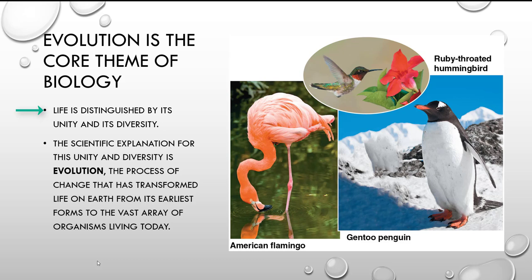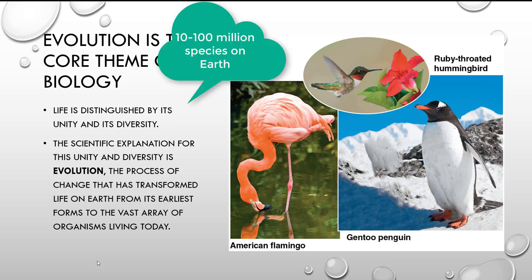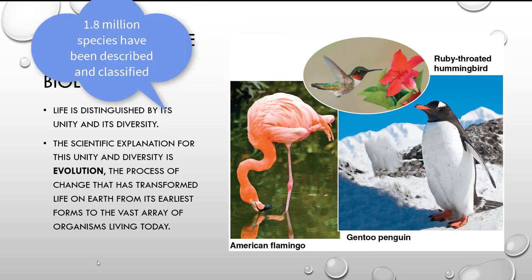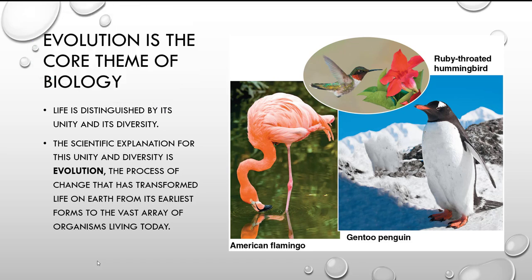We have anywhere from 10 to 100 million different species. I think we have about 1.8 million that we've been able to describe, and there's anywhere from 10 to 100 million out there, so we have lots to discover. There's a lot of diversity out there, and the simplest explanation for all of this unity and diversity is evolution.